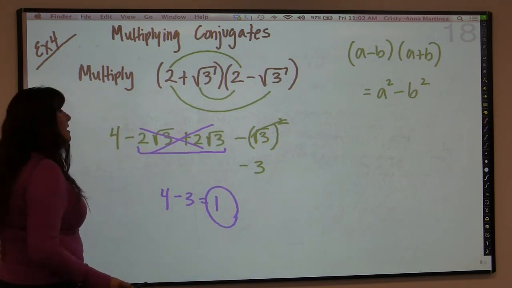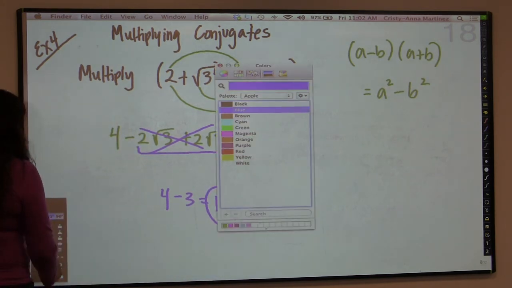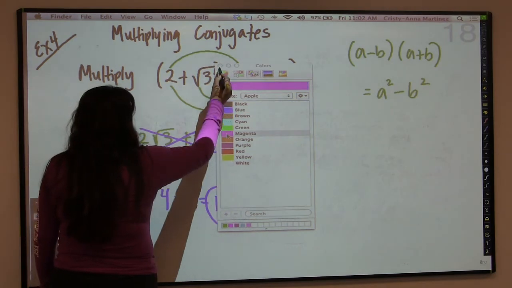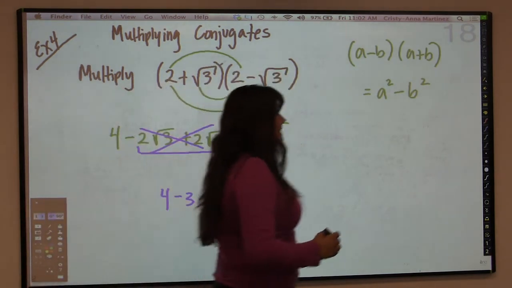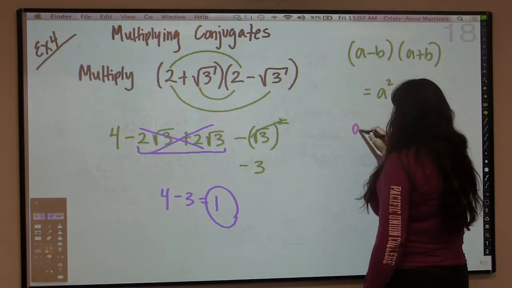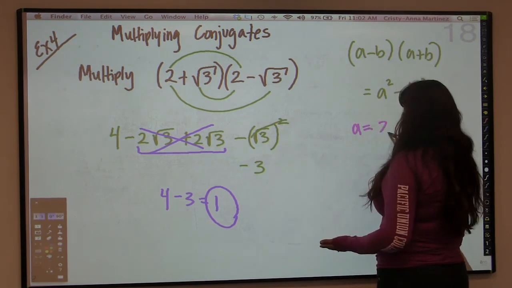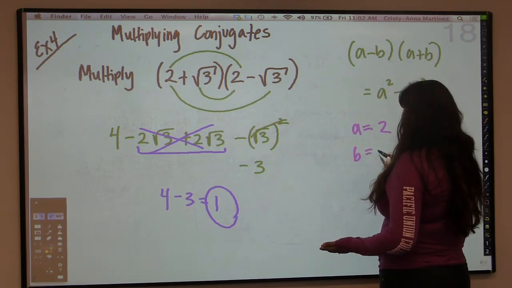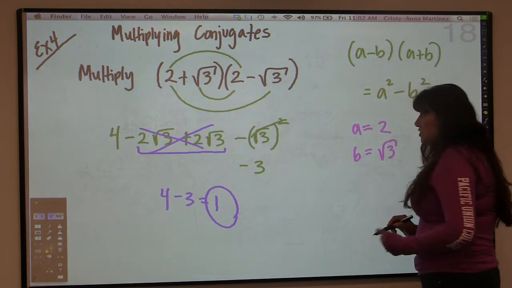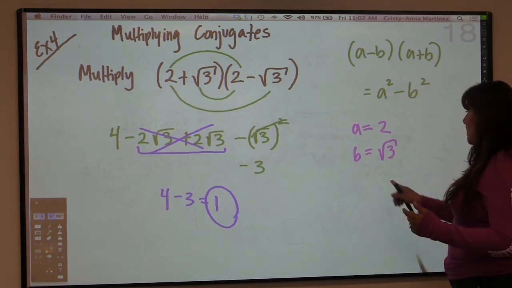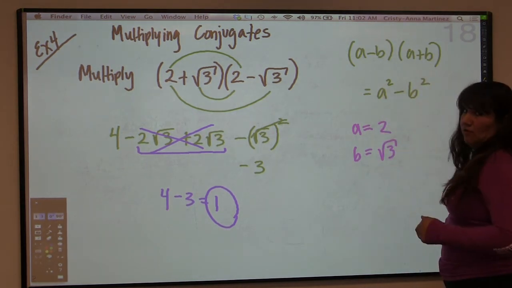The answer is 1. Now, if you were doing this with the formula over here, which is a lot easier, I would say that A is 2 in this case, and B is root 3. Again, paying attention to the fact that I'm not including a negative here, the formula itself will work it out.